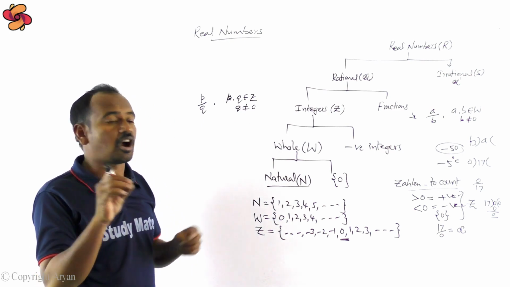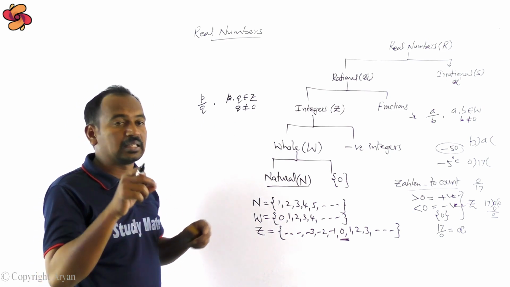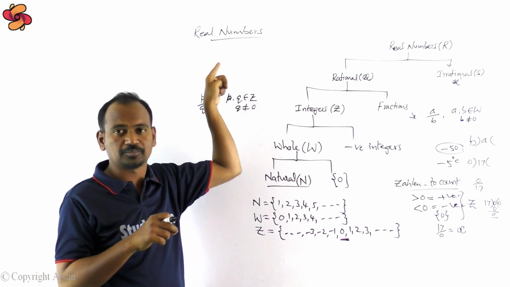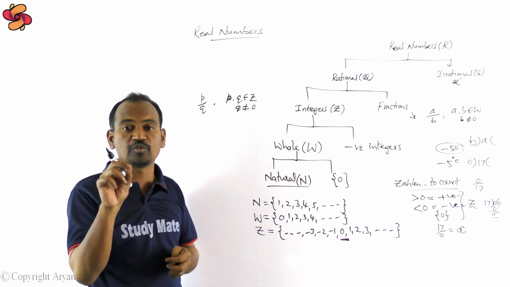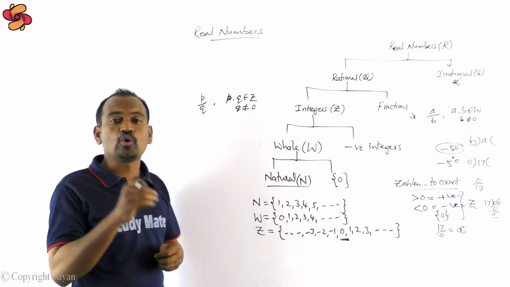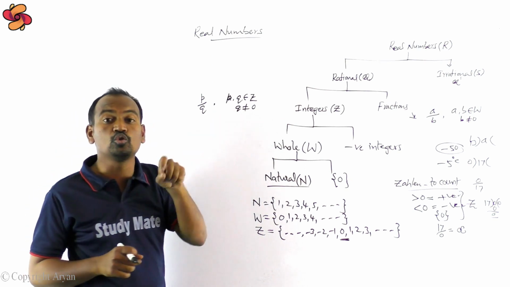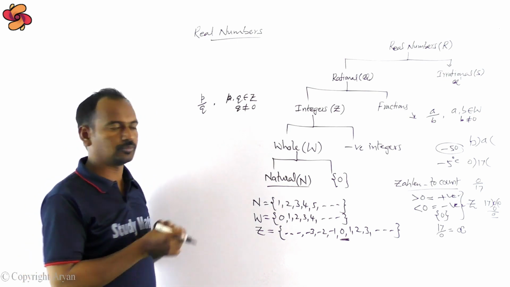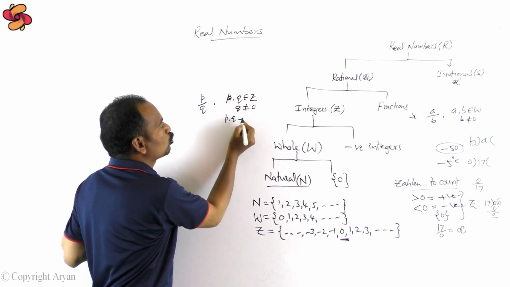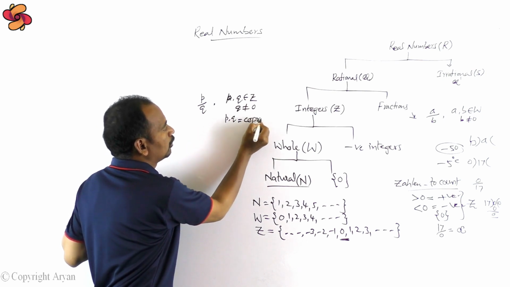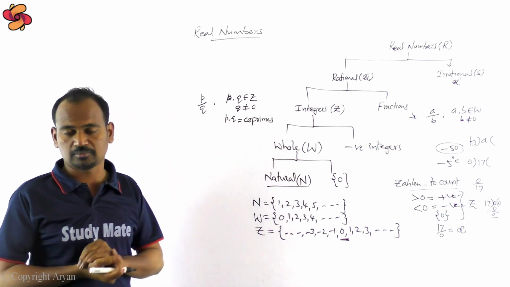In this chapter, in exercise 1.4, while doing some problems, that third condition will be useful. Got it? So that's why I am telling you here. P, Q must be co-primes. So what are co-primes? That we need to discuss here.